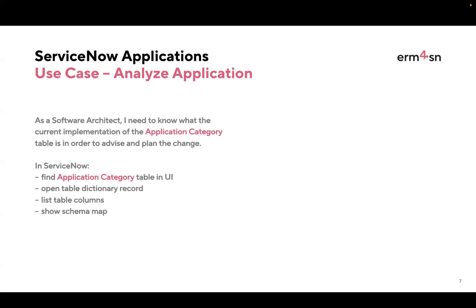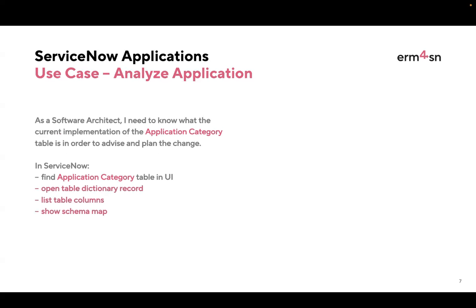So the steps will be, I go to ServiceNow, I find this application category table somewhere in the UI, and then I have to dig into the depth of ServiceNow to see what is the dictionary of that record, what are the fields of that table, and I can also, ServiceNow supports a very poor schema map. I can go there and have a look how this is implemented.